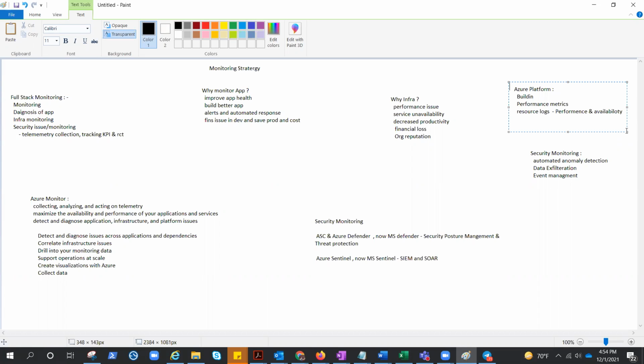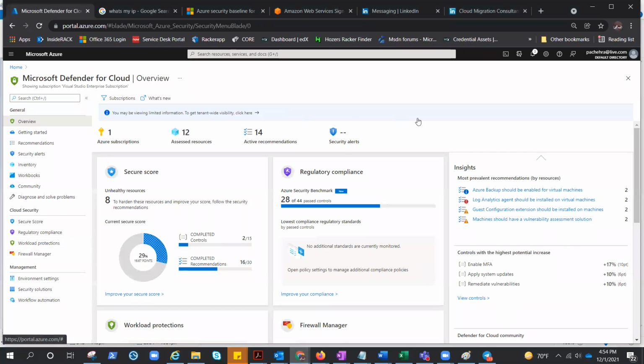Additionally, many Azure resources have dedicated insights that offer predefined monitoring experiences across multiple subscriptions, RGs, and resources for the specific resource type. If I could show you right now, for example, this is our Azure platform.